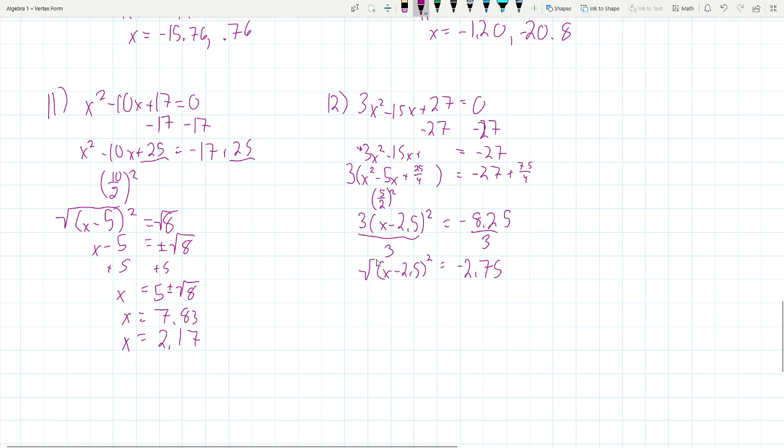If I do the square root, oh, we just hit one of those imaginary numbers. And so the square root of negative 2.75, we have no solution.